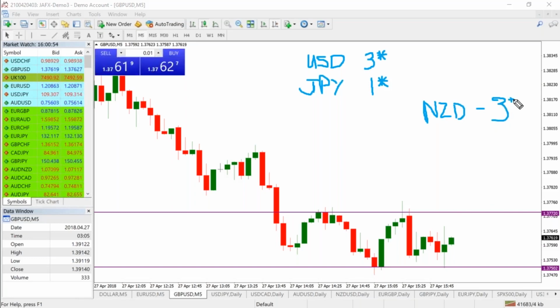But what we might find is we might see the yen, for example. Let me just put yen in here. We might see that that's only a 1-star in terms of strength. However, on the weakness side, let's say we have the New Zealand dollar down here, and that seems to be very, very weak. So let's give that a minus 3-star.